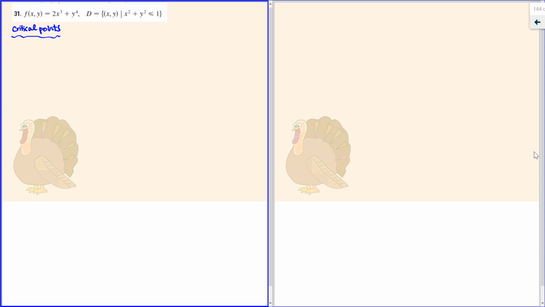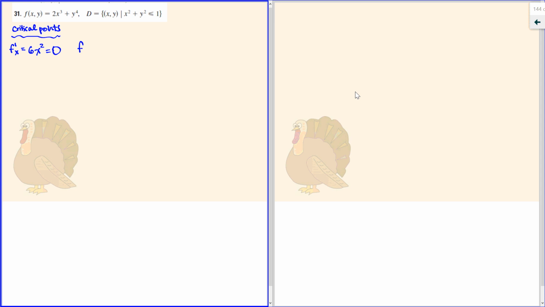And for these, we need f prime, fx, and that's going to be equal to just 6x squared, and that we set equal to 0 to find a critical point.